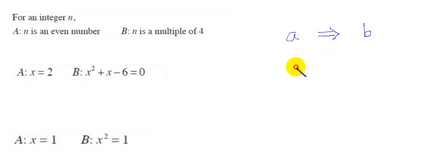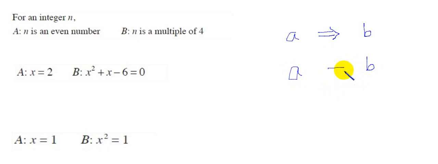Then I have another condition. Let's look at these both statements in the reverse way, the backwards way. Let's say that statement B is true, and because of statement B, statement A is true.